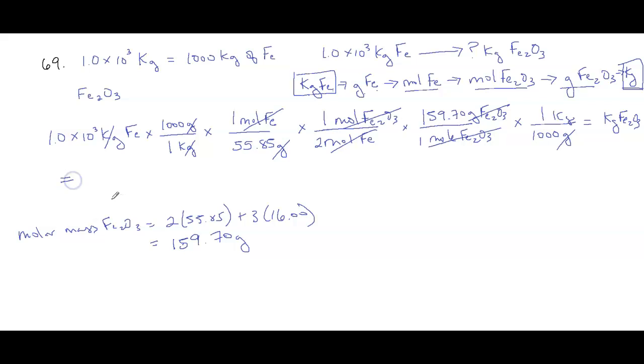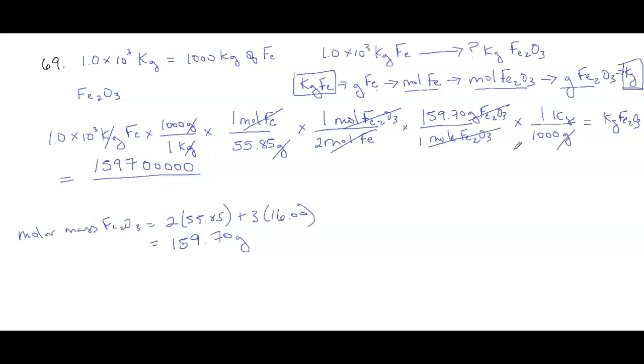So when I put this in my calculator, I'm going to multiply across all the top. So I'm going to switch this to 1,000 just to make it easy on myself. 1,000 times 1,000 times 1 times 1 times 159.70 times 1 gives me a numerator of 1597, and then I have 1, 2, 3, 4, 5 zeros on the top.